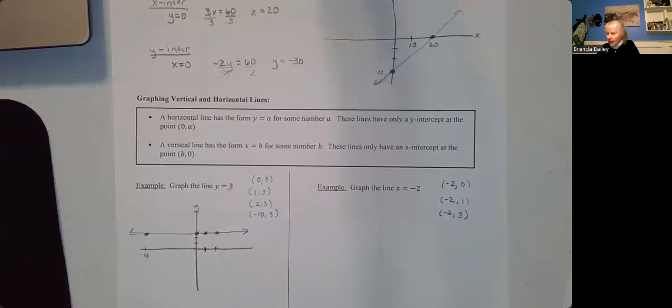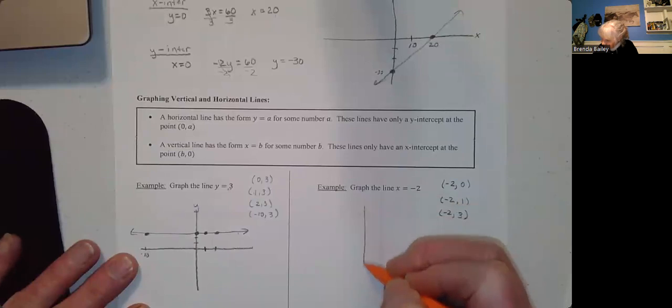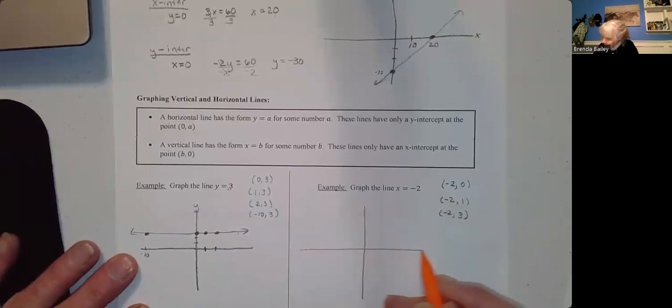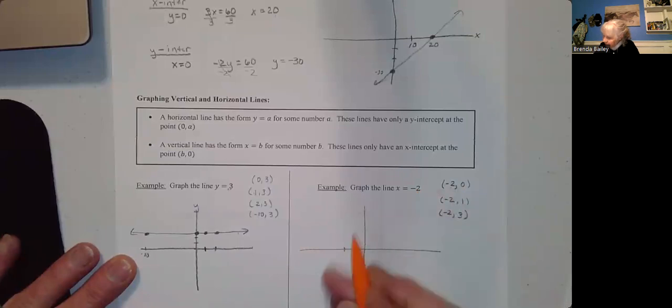What does this look like as a picture? So we'll go to (negative 2, negative 2), (negative 2, 0), (negative 2, 1), (negative 2, 3).